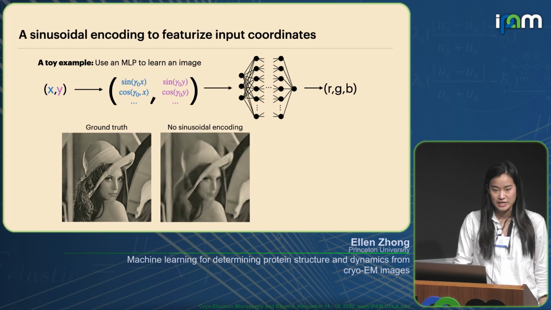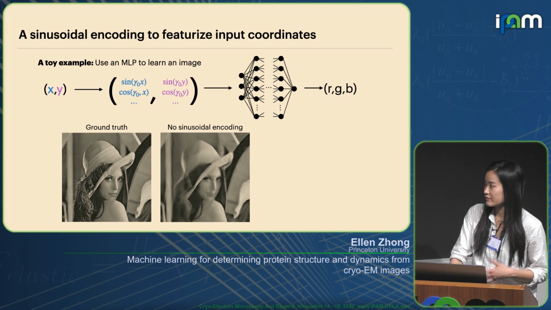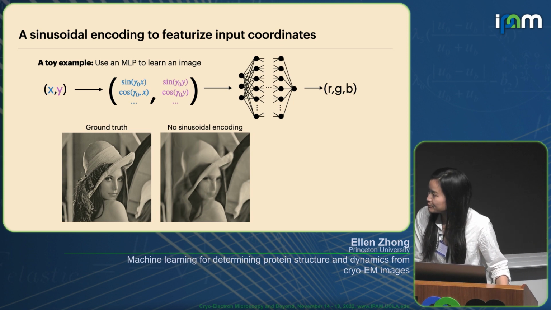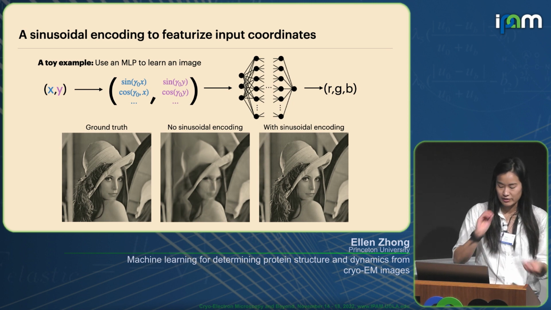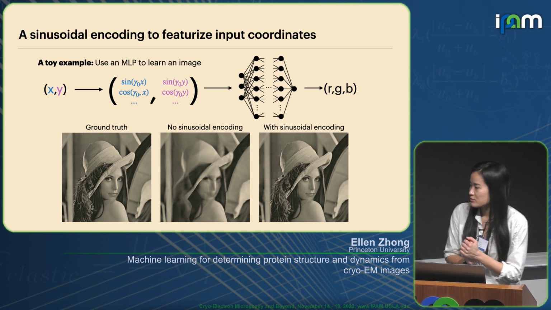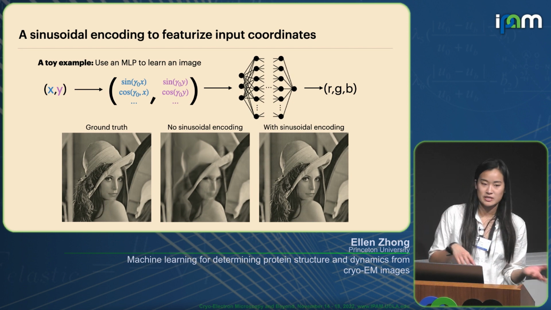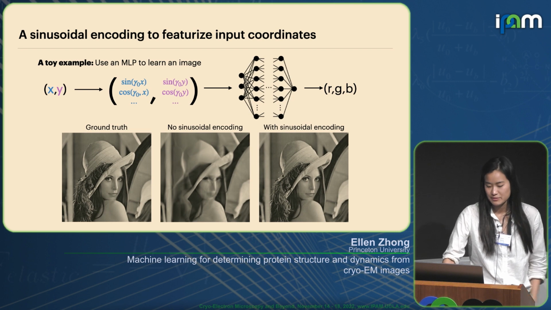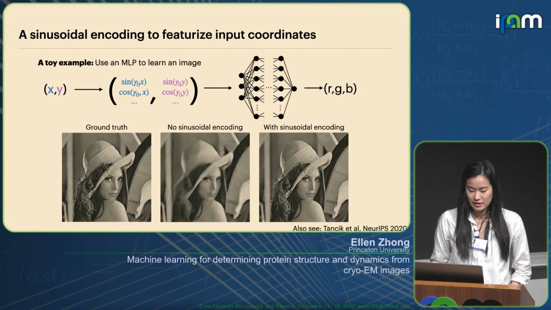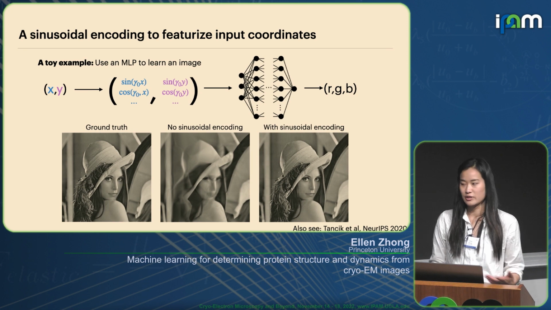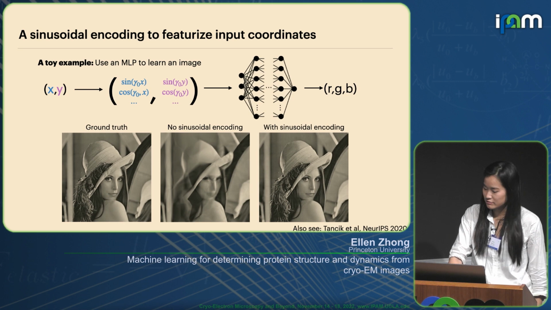Without the sinusoidal featurization, the neural network failed to learn the high-resolution details, or the high-frequency details. With the sinusoidal encoding, we can recover all the fine-grained details in the image. So this was a key development in CryoDRGN that enabled us to learn high-resolution cryo-EM density maps. And if you're interested in learning more about this, the authors of NeRF have follow-up work that explores why there is this spectral bias in fully connected neural networks.